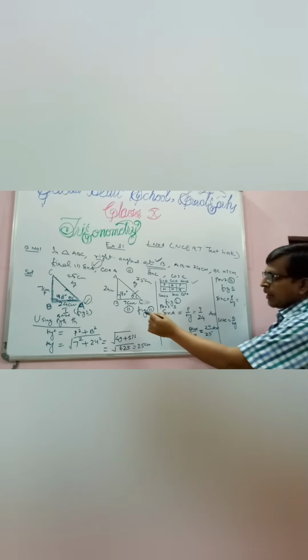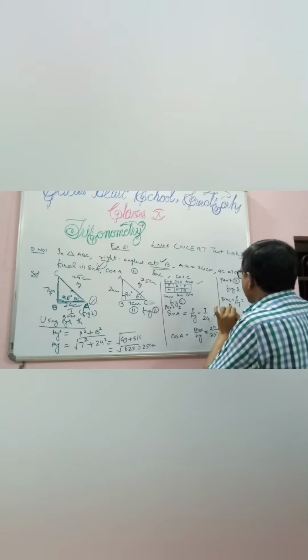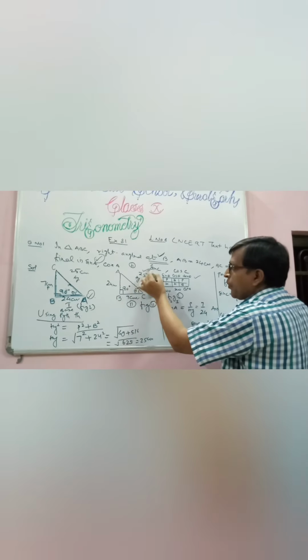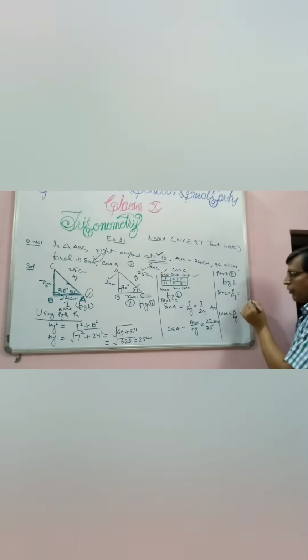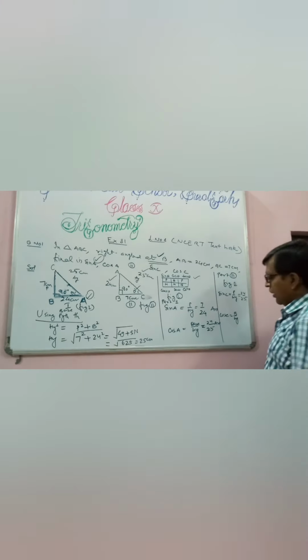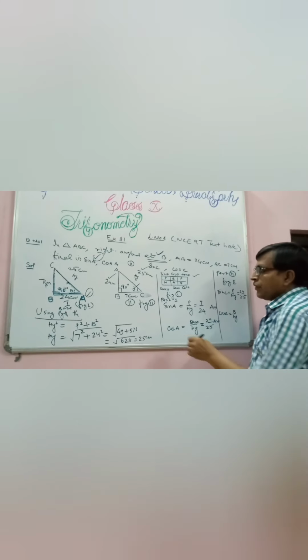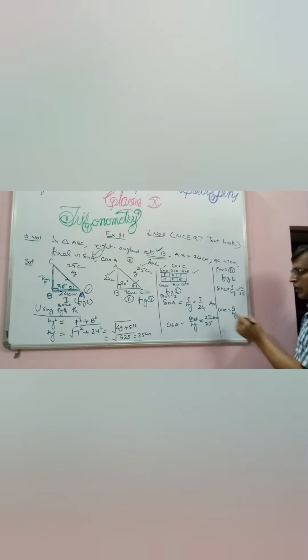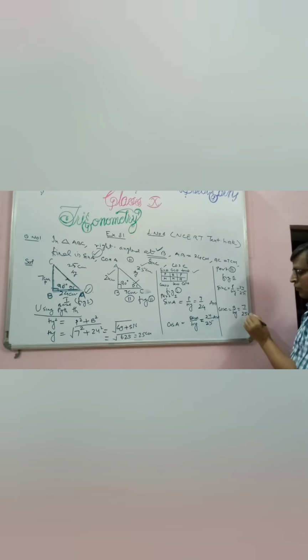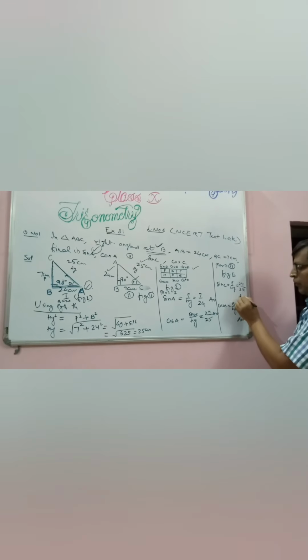Then you see the figure number second: sin C is perpendicular upon hypotenuse, 24 upon 25, and cos C is base upon hypotenuse. This is the answer for the second part.